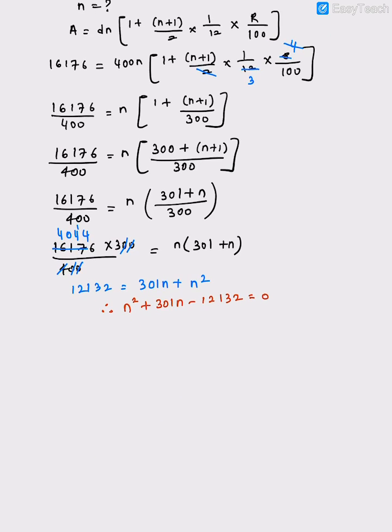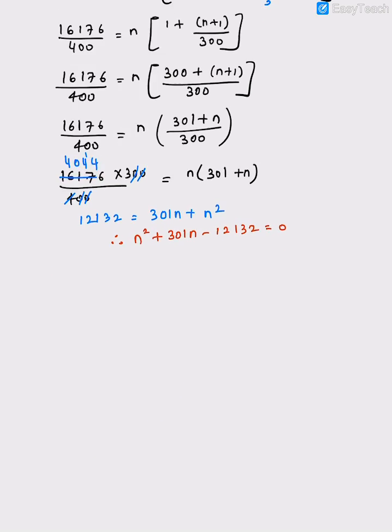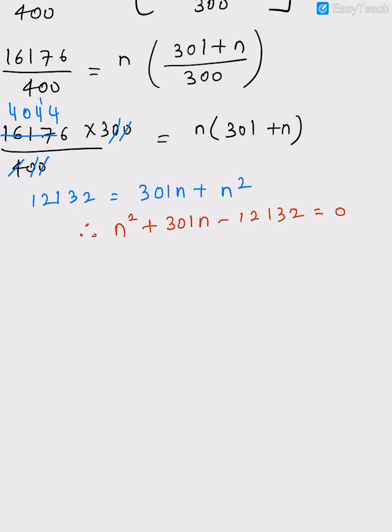Now we have to solve it further. So obviously you have to do sum and product factors. The middle term is the sum, which is 301. The product is minus 12132, and we find factors of this so that you get this sum of 301.